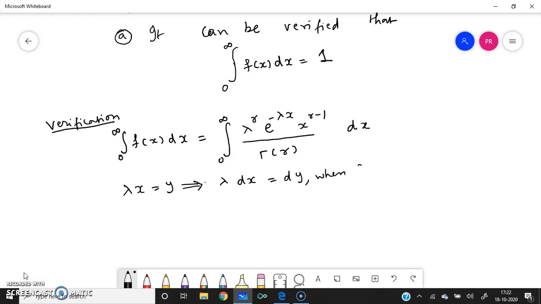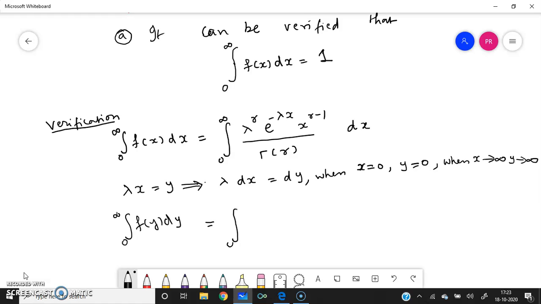We have to change the limits. When x equals 0, y equals 0. When x turns to infinity, y turns to infinity. So our integral becomes the integral from 0 to infinity of f of y dy.